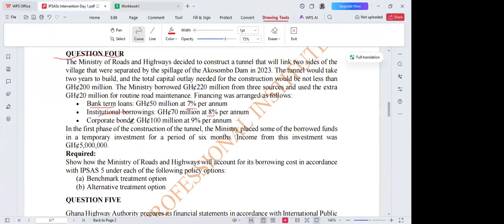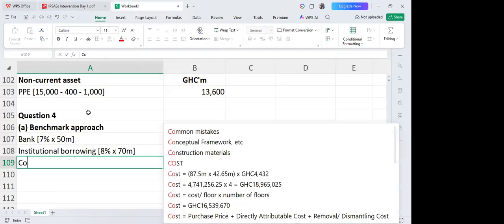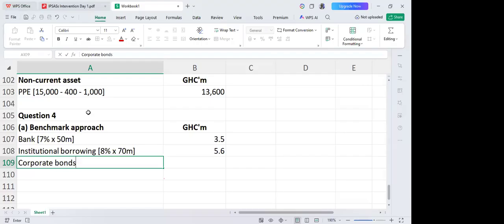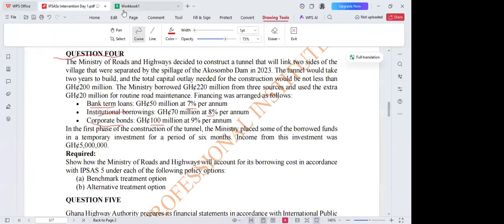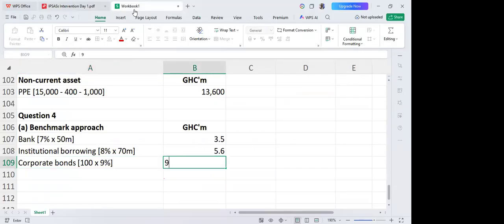Then we go to the last one, corporate bonds, which is 100 million times 9%. That will be 9 million.